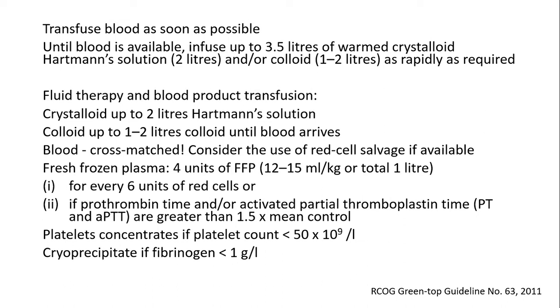Fresh frozen plasma, usually 4 units, is given for every 6 units of red cells, if prothrombin time or activated partial thromboplastin time are greater than 1.2 times the mean control. Platelet concentrates need to be given if platelet count is less than 50, and cryoprecipitate if fibrinogen level is less than 1 gram per liter.